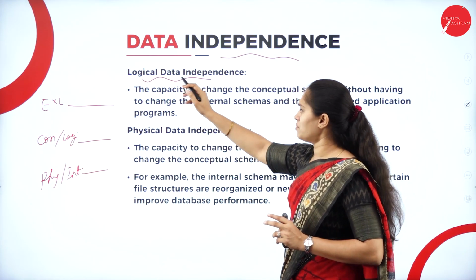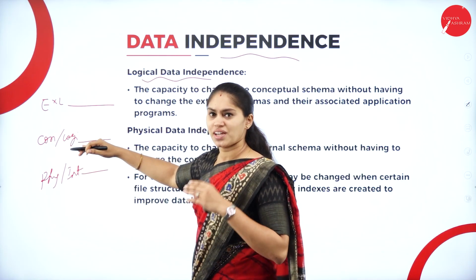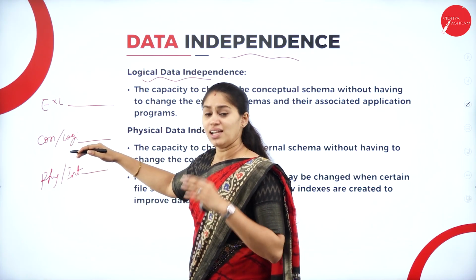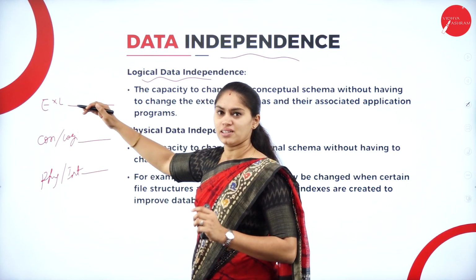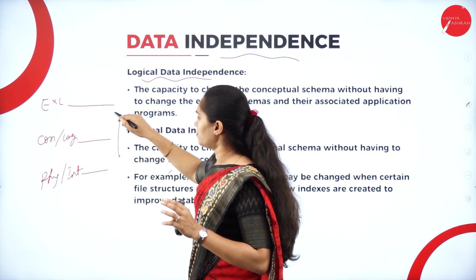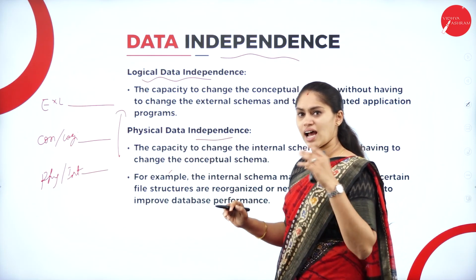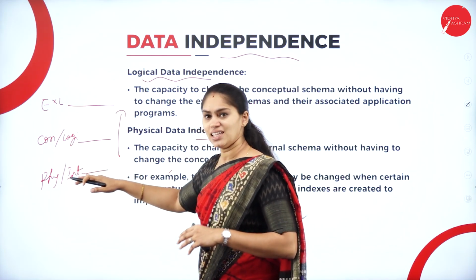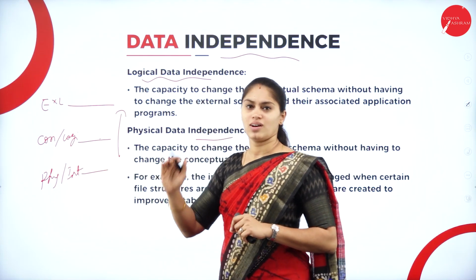So with logical data independence, whatever I am changing in the logical or conceptual level should not affect the content of the external level. That you have to remember. But with physical data independence, if I am changing anything in the physical level, that should not affect the conceptual level.